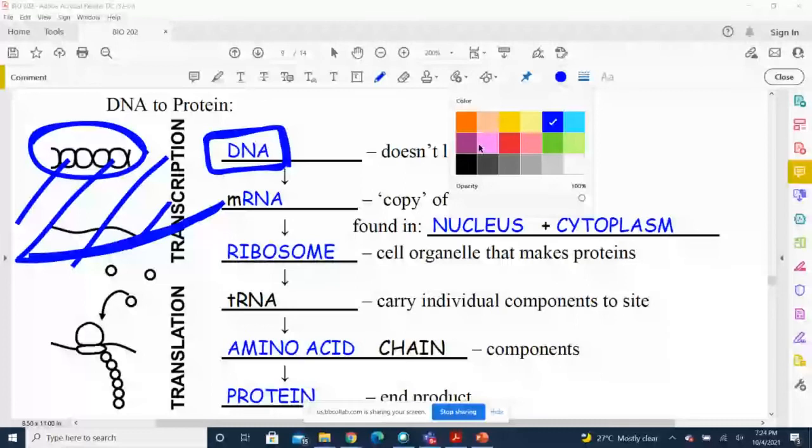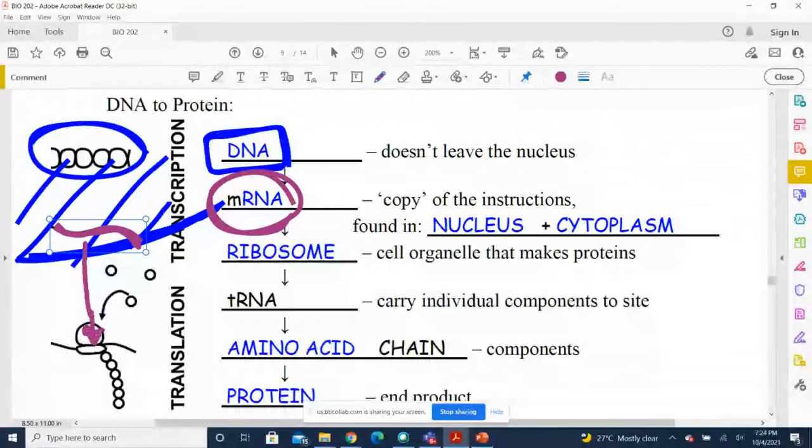And it is this copy that's able to travel in and out of the nucleus of the cell. So we end up finding DNA only within the nucleus, but RNA both within the nucleus and the cytoplasm.